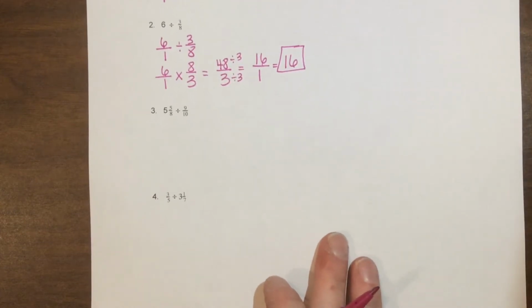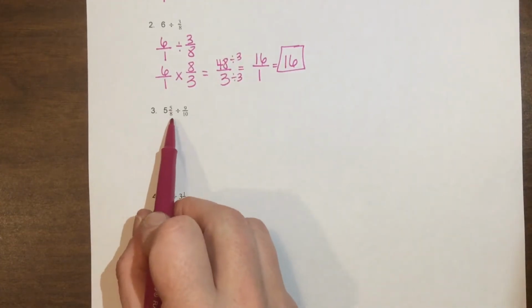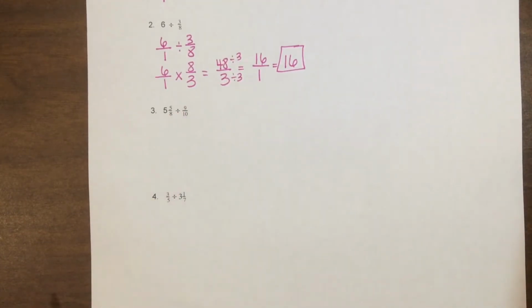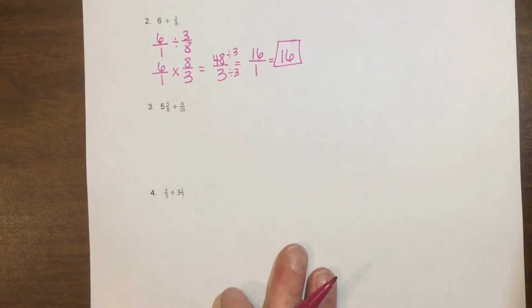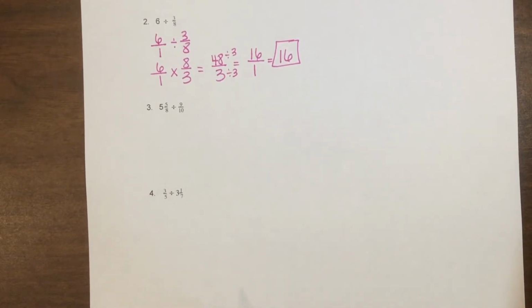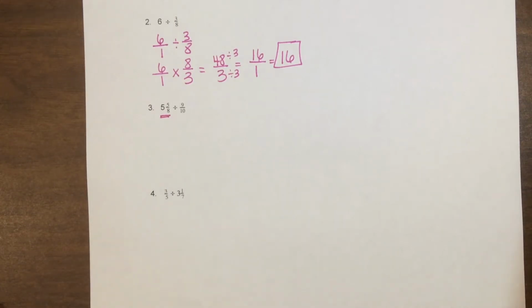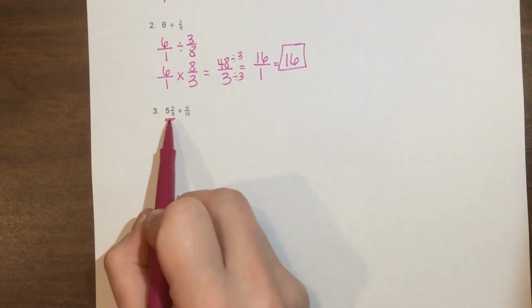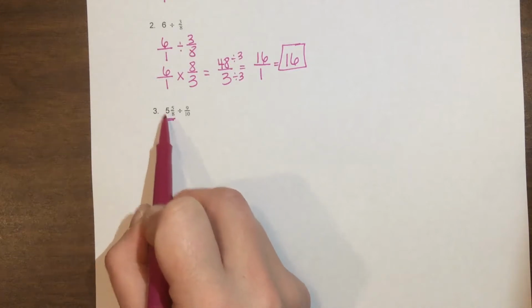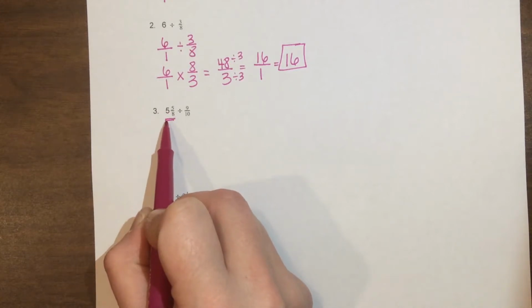Number 3, we have a mixed number divided by a fraction. And when we talked about this process, our very first step is to get this mixed number converted to an improper fraction. In order to do that, you multiply the denominator times the whole number. 8 times 5 is 40.